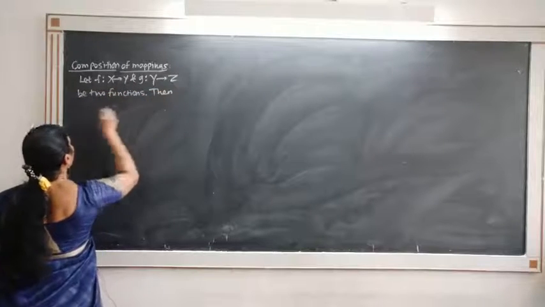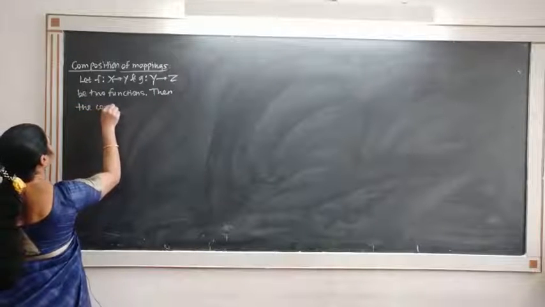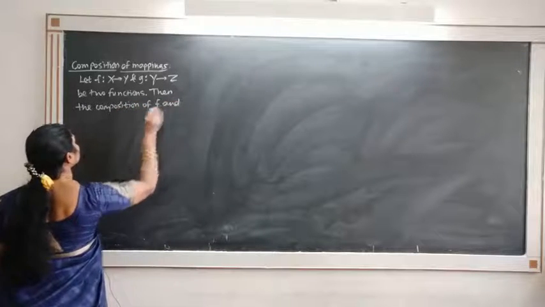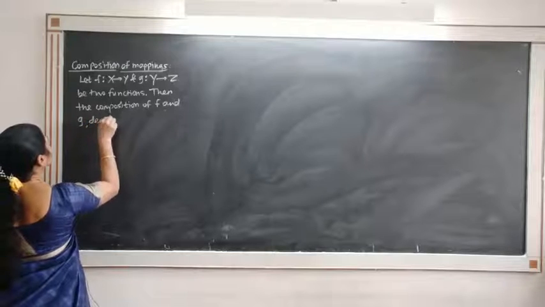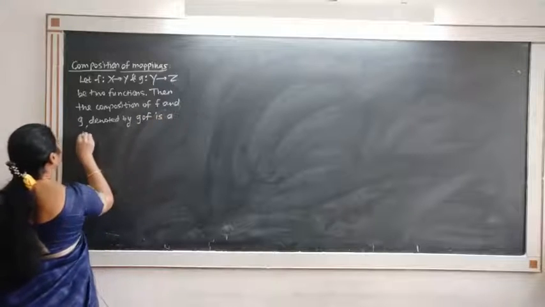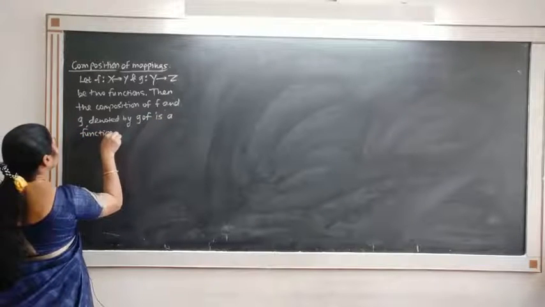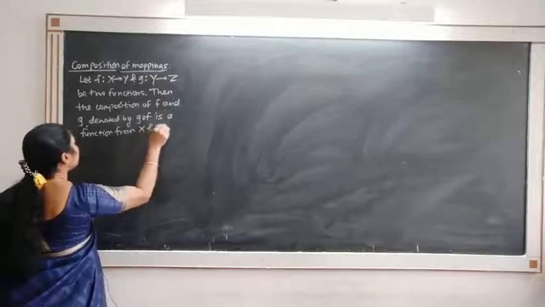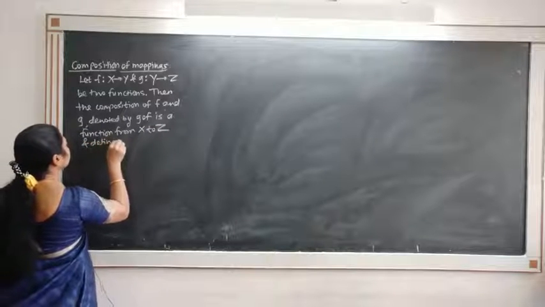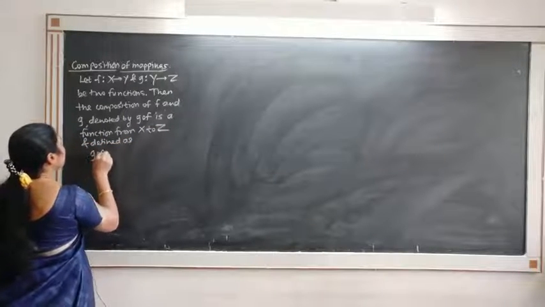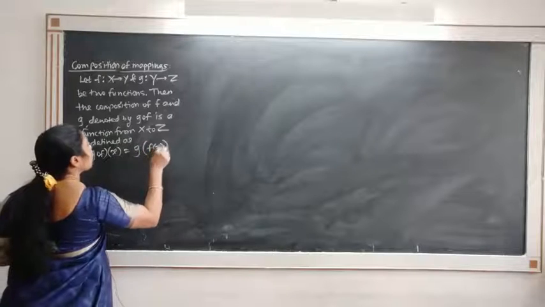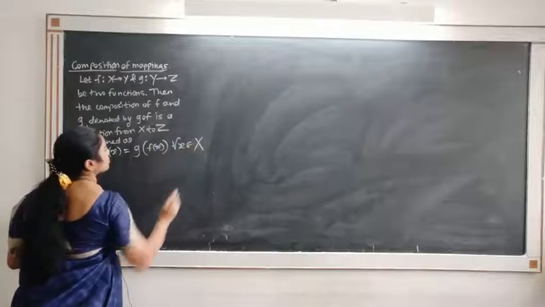Then the composition of f and g, denoted by g composite f, is a function from X to Z and defined as (g composite f)(x) is equal to g(f(x)) for every x belonging to X.